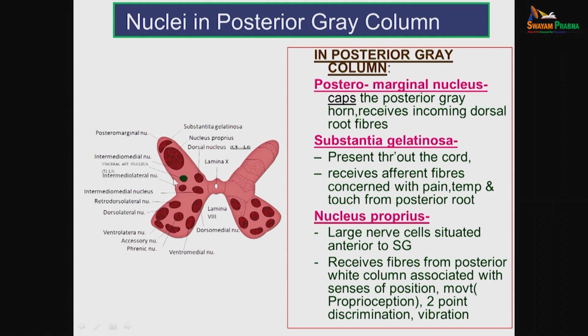So, this nucleus proprius receives fibers associated with sense of position movement of the joint limbs, and also it receives 2-point discrimination and vibration sense, that is nucleus proprius.